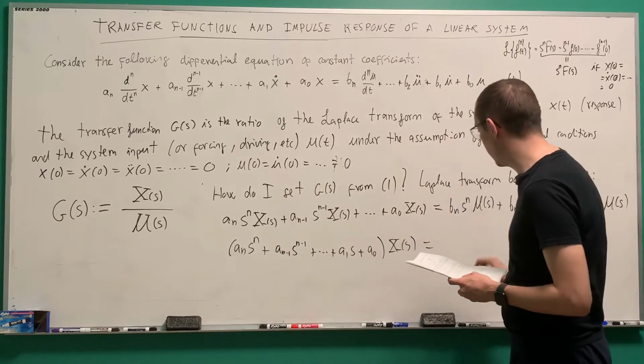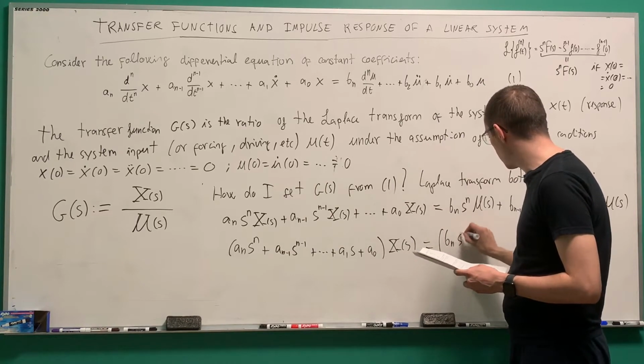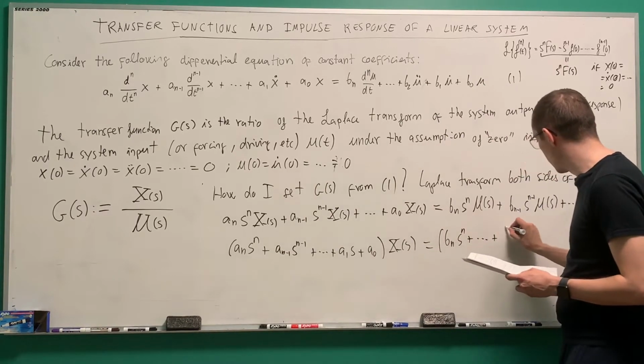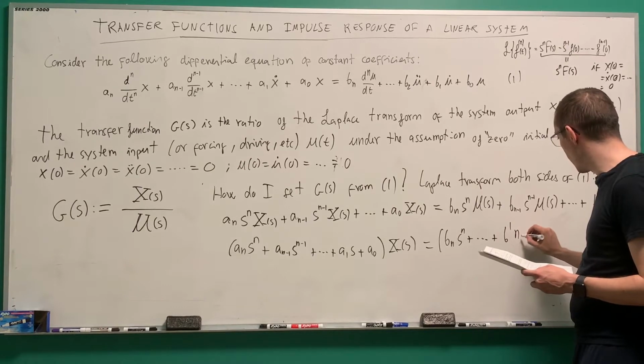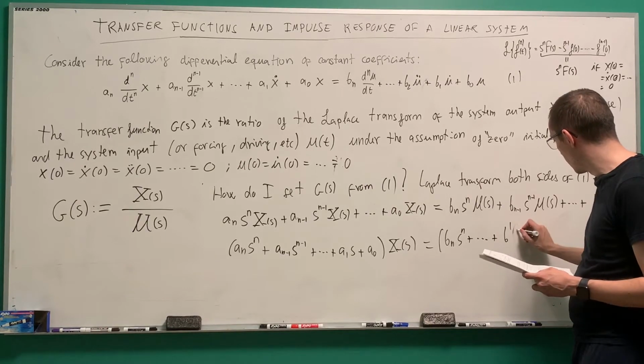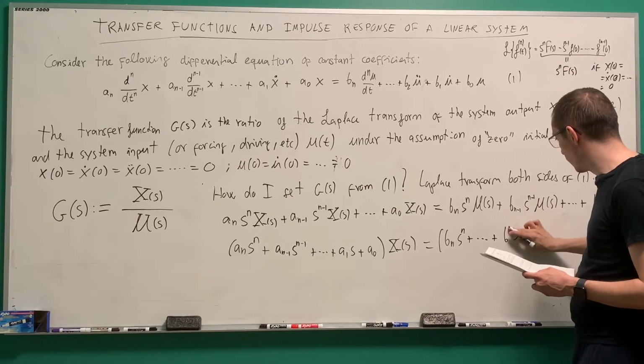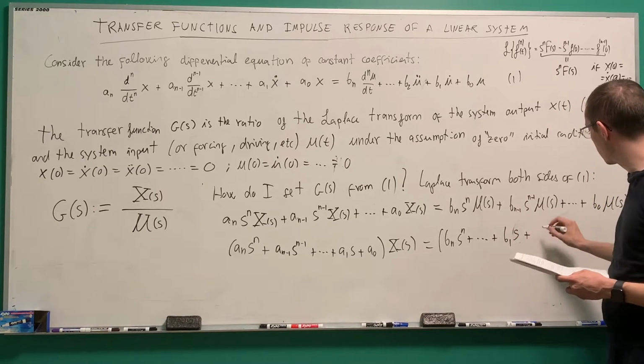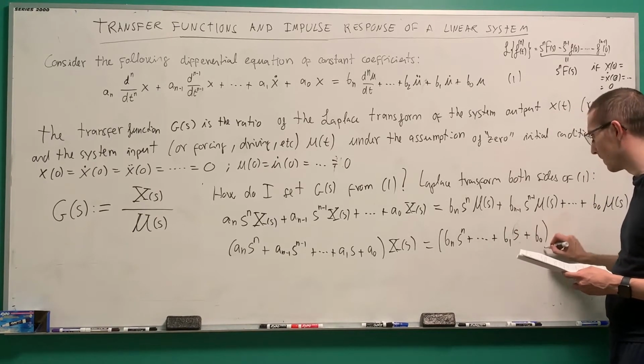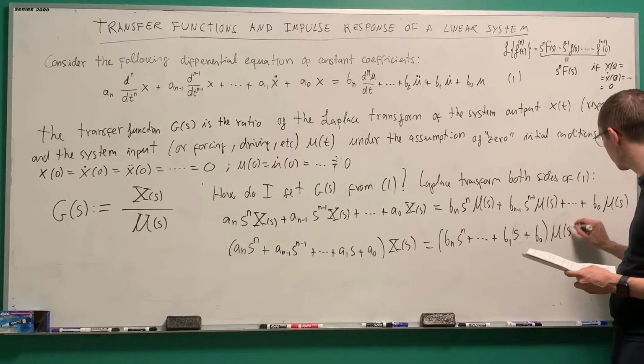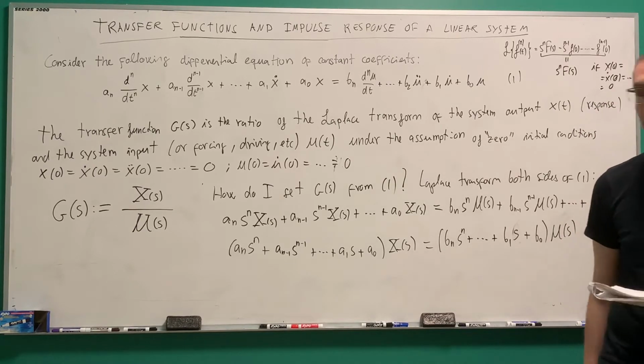And then I get the same thing here: b_n s^n plus and so on, plus b1 s plus b0, multiplying U of s. All right, that's what I get from the Laplace transform.